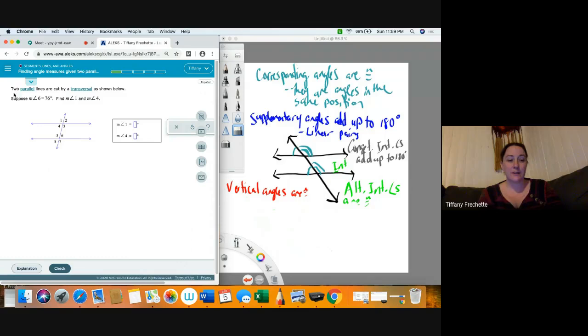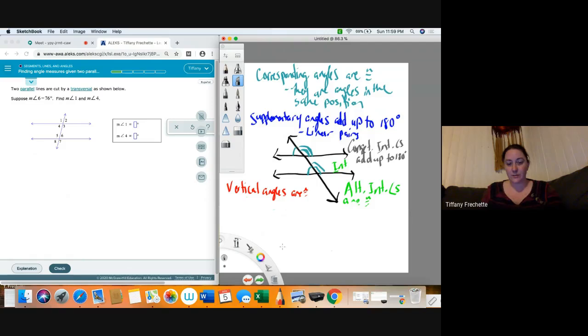All right, so this is 2 parallel lines are cut by transversal as shown. Angle 6 is, so, oops, forgot to change it to my pen. So that did not look right. Still doesn't quite look great here.